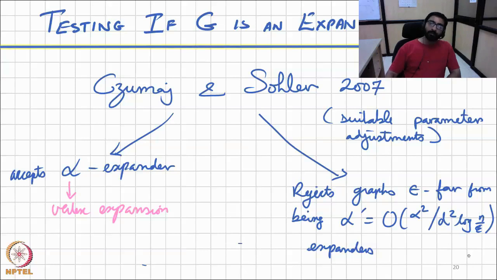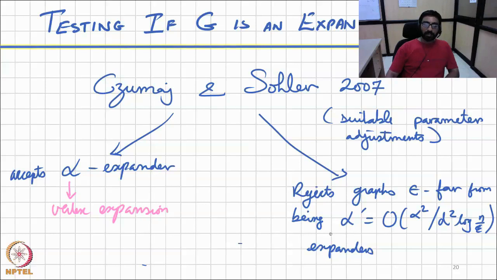Now, notice that this rejection happens only if the given graph is not only far from being an expander, it's actually far from being a worse expander than this alpha over here. So keep in mind that this alpha is going to be a parameter that is strictly less than 1.